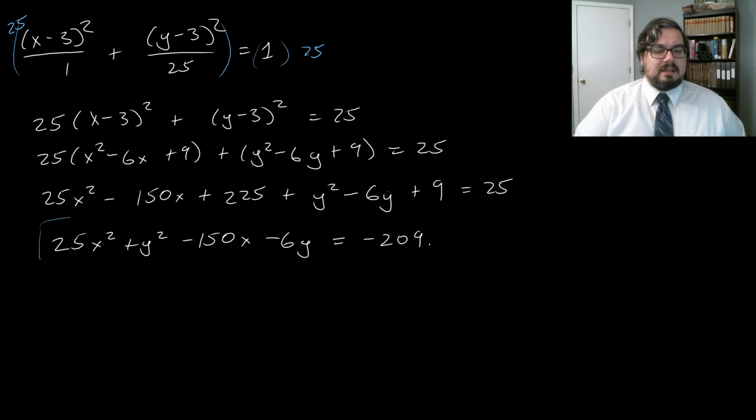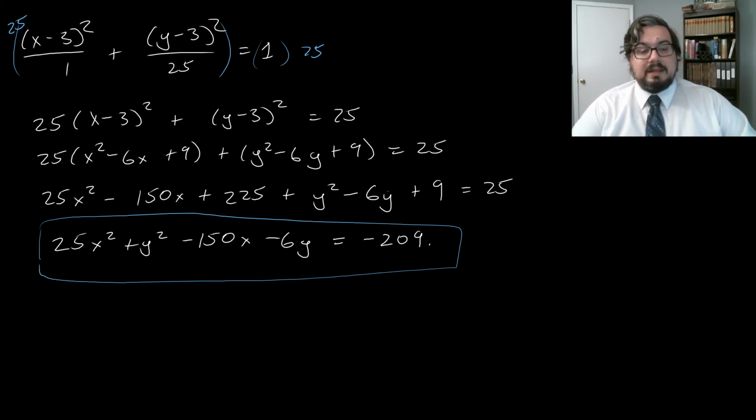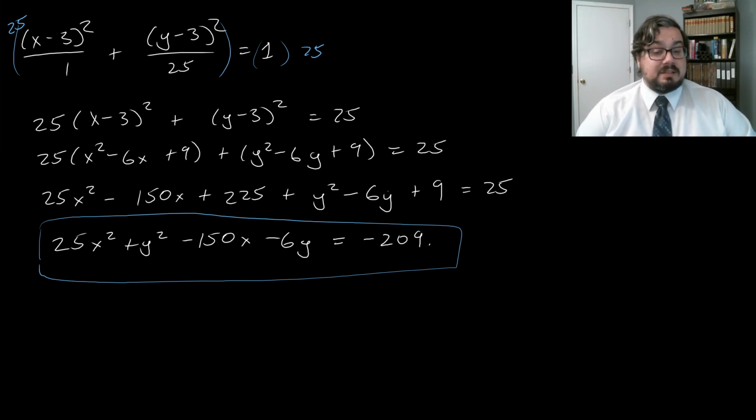And when written like this, it certainly doesn't look very much like the equations that we had before. It's not clear at this point whether this is even the equation of an ellipse, and if it is, we can't immediately read much information off of it.